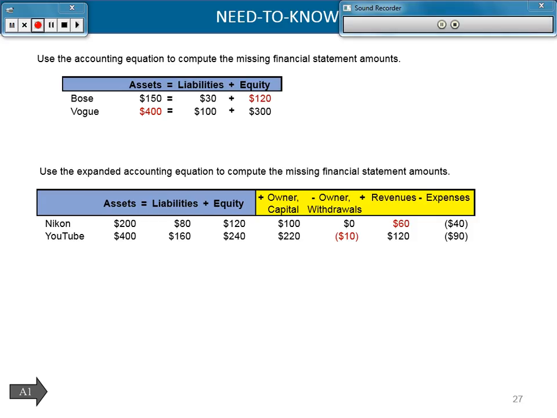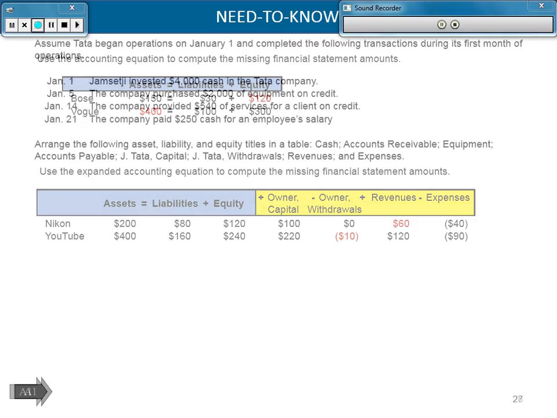Minus 90 and minus 10. Ultimately, you're trying to get back here. 100 plus 0 minus 60. We'll work on it more.